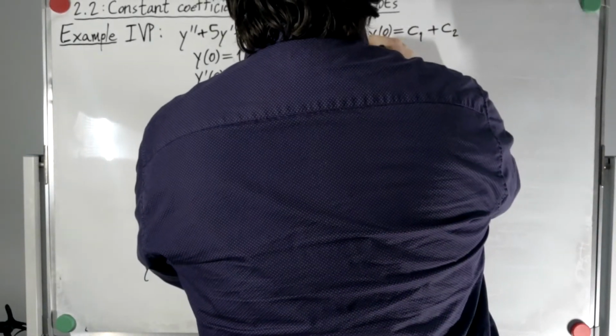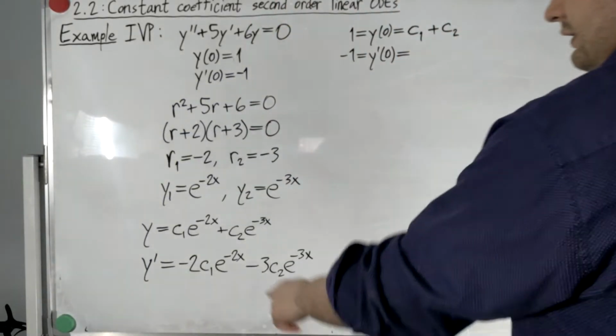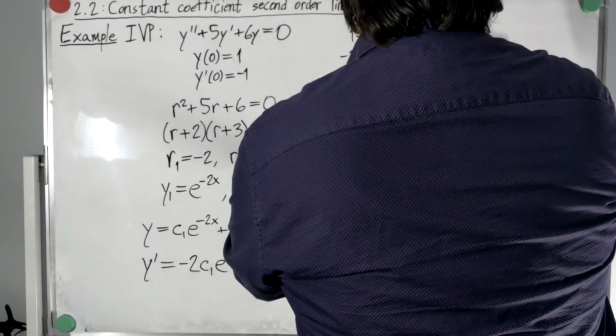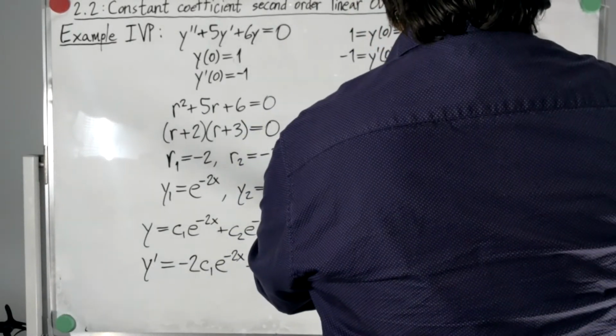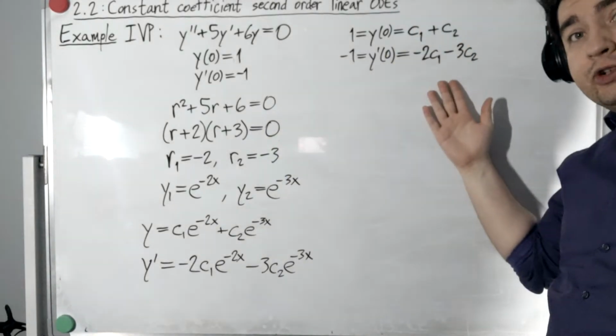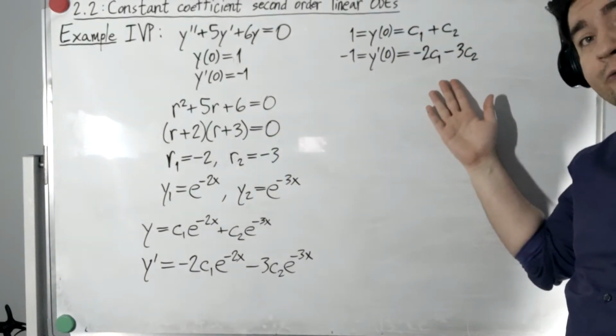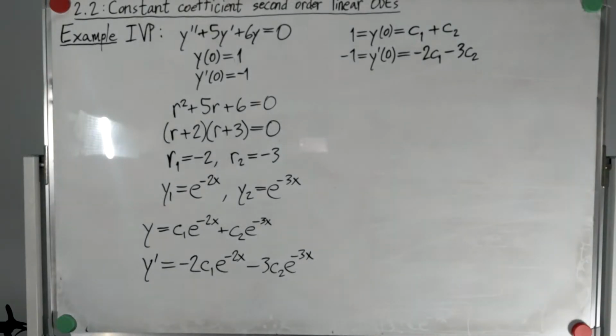So -1 is y prime of 0, and so that gives us -2 C1 e to the 0 minus 3 C2 e to the 0. And then this is a system of two linear equations that we can solve for C1 and C2, just like in high school. Okay, so let's go ahead and do that.